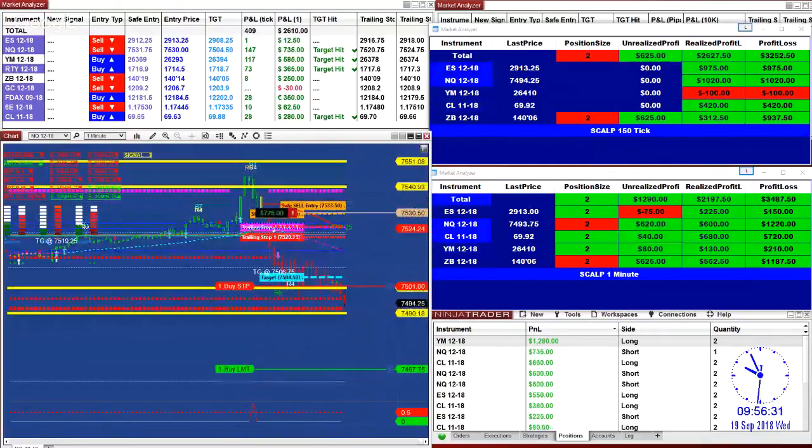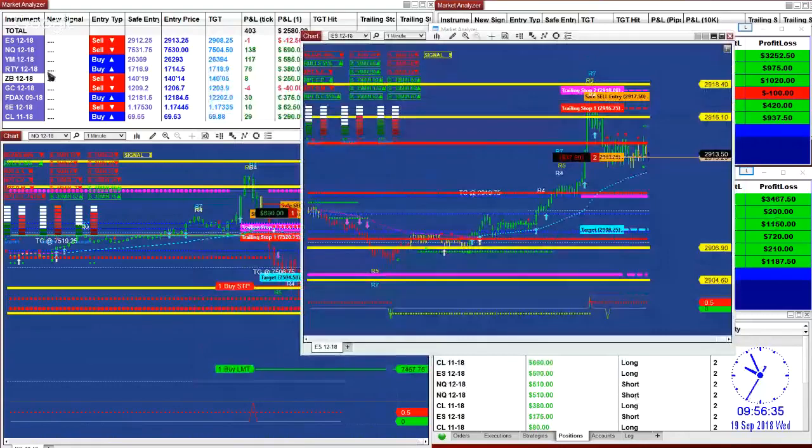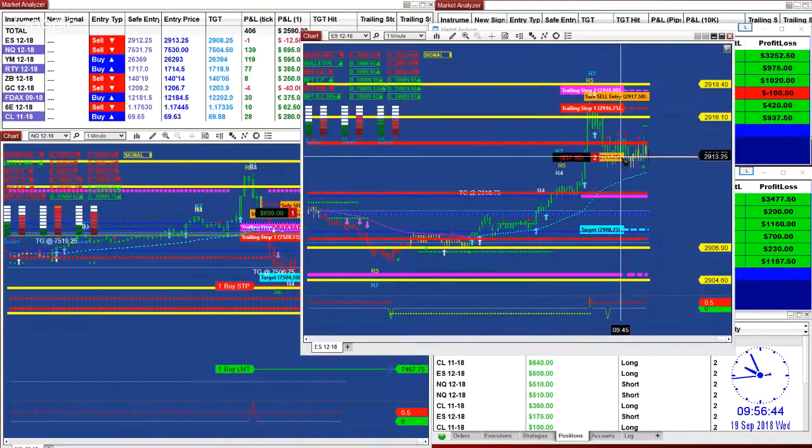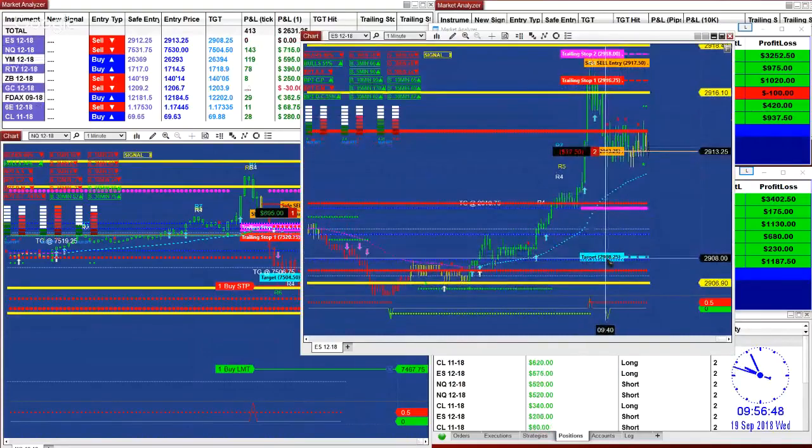That's not gonna happen. For the ES, the ones who follow the ES, we had the new signal right there on the ES. Now the ES is sitting right there on the 1325, and the target is 2908.25. I doubt it very seriously.